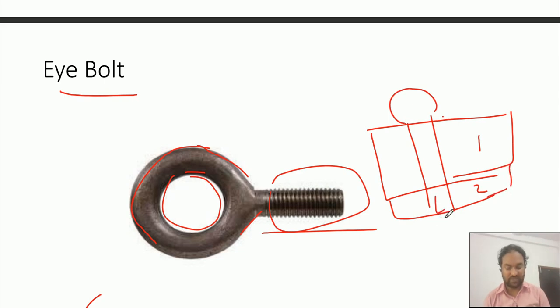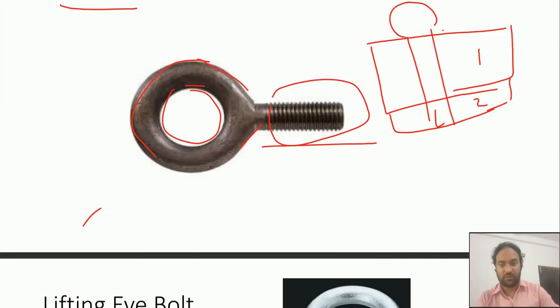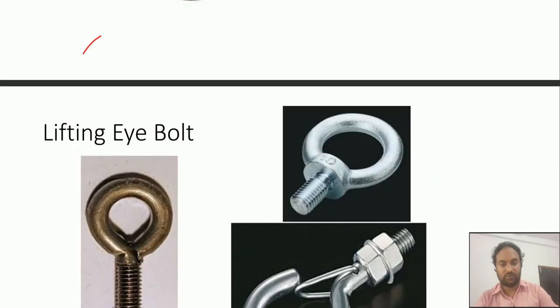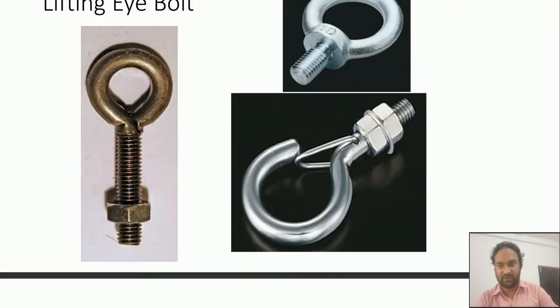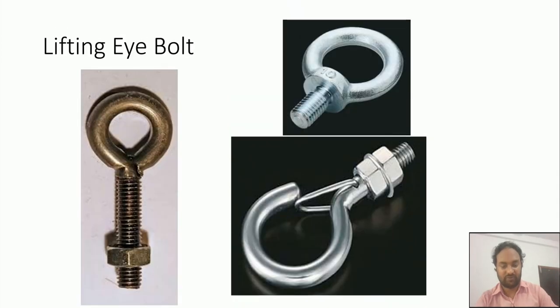Otherwise sometimes a special application is lifting, because this eye bolt, the lifting eye bolt, is used for heavy parts. So the special application of the eye bolt is lifting objects, and it is called a lifting eye bolt.